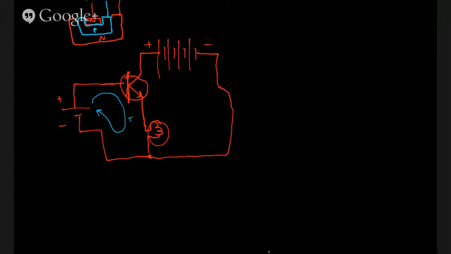A small current there, which will switch on our transistor and allow a large current to flow through the light bulb.